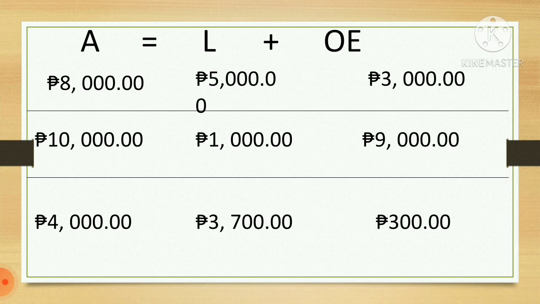To check your answer if it's correct, simply add 3,700, which is the liability, plus 300 is equal to 4,000. Therefore, both sides, left of the equal sign and right of the equal sign, are the same value, so that means they are balanced and they are equal.